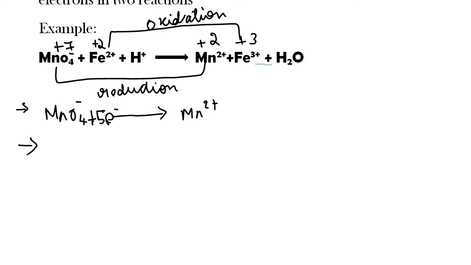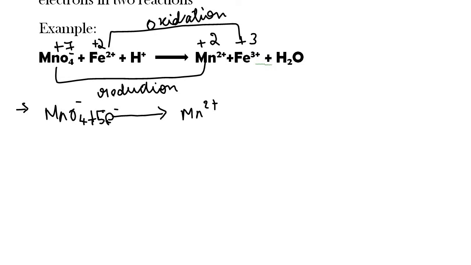If there is an extra oxygen, we need to add water on the opposite side. In step 3, if there is an extra oxygen in the left side, we need to add water on the opposite side.